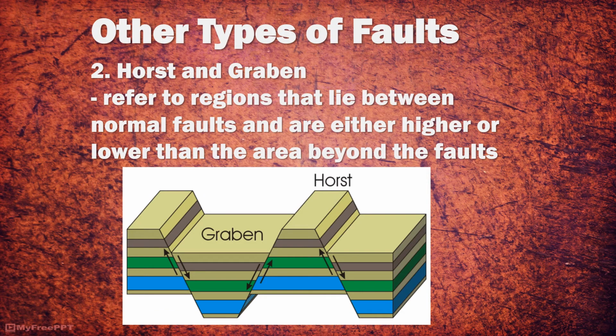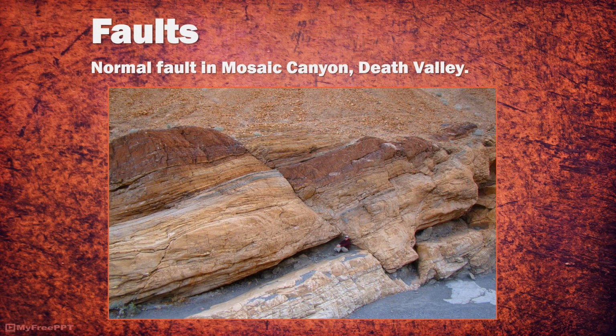Another type of fault is your Horst and Graben. Refer to the regions that lie between normal faults and are either higher or lower than the area beyond the fault. So ito yung mga nasa gitna ng region na kung saan ang normal faults ay higher and lower areas. Normal fault in Mosaic Canyon in Death Valley.